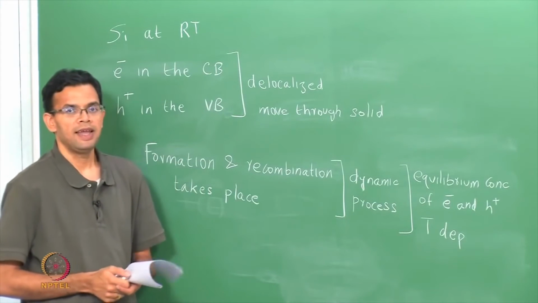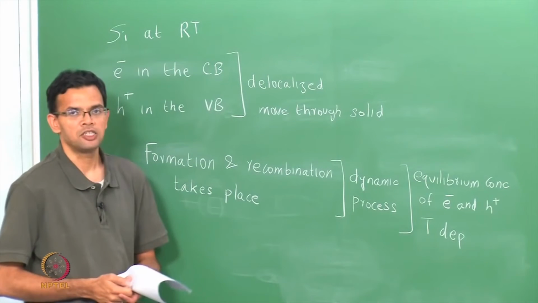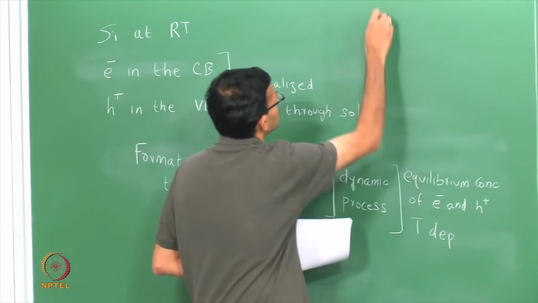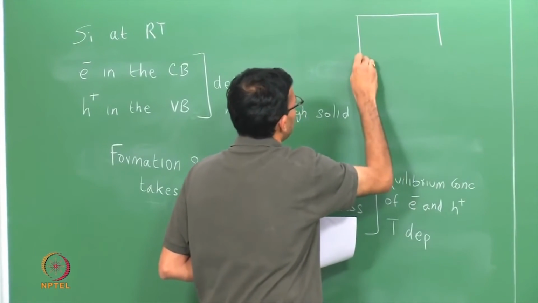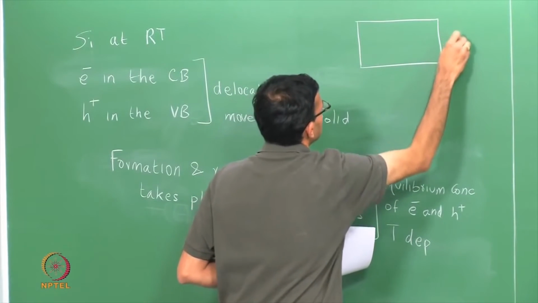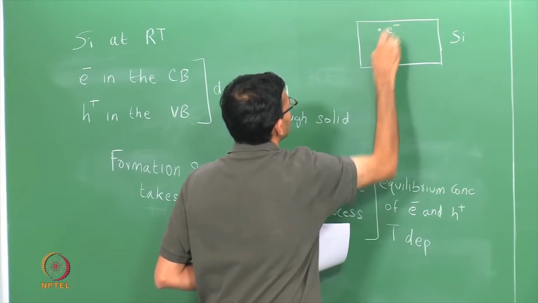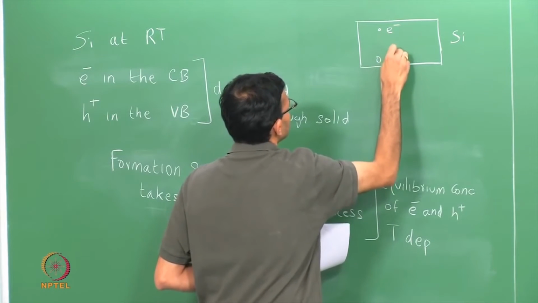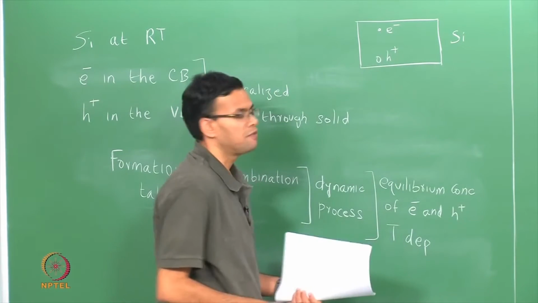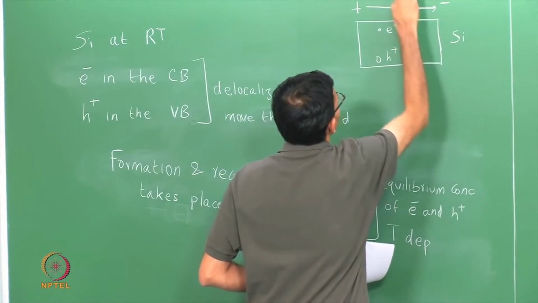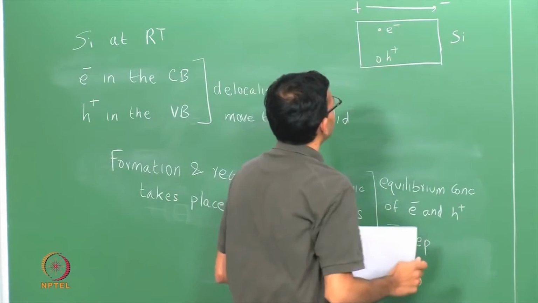When we apply an electric field, these electrons and holes can essentially move. So, we will just show schematically a solid of silicon. You have electrons, you have holes. We apply an electric field, E is the electric field.